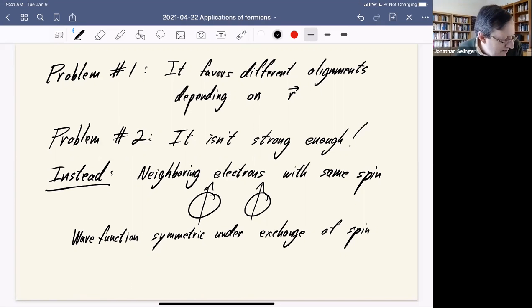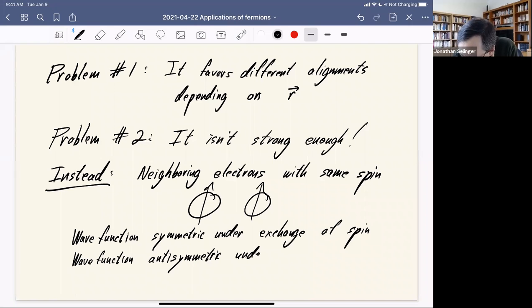Okay, so the wave function has to be symmetric under exchange of spins, but we know the wave function has to be anti-symmetric under exchange of spin and position. So it must be that the position part is anti-symmetric under exchange of position.